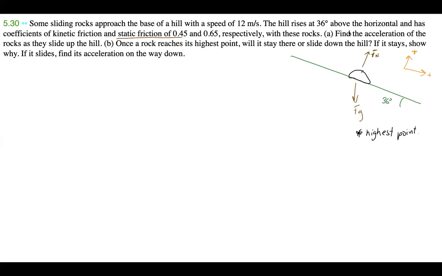If the motion of this rock is downwards, then we know that static friction will oppose it, so static friction will be this way. On the other hand, if it's just in place, then static friction is sort of acting in both directions, because it's not moving up or down.